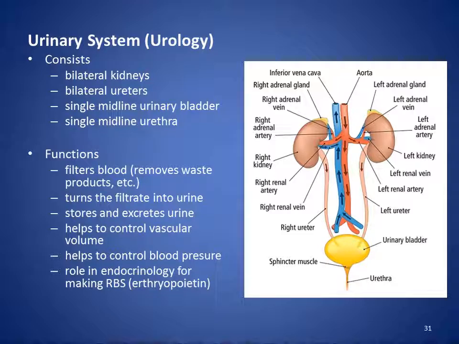It functions in terms of filtering blood, removing waste products, etc., and it turns the filtrate into urine. The urinary system also stores and excretes urine, helps to control vascular volume, and also assists in regulating blood pressure. It also has a role in endocrinology for making red blood cells through a hormone known as erythropoietin.